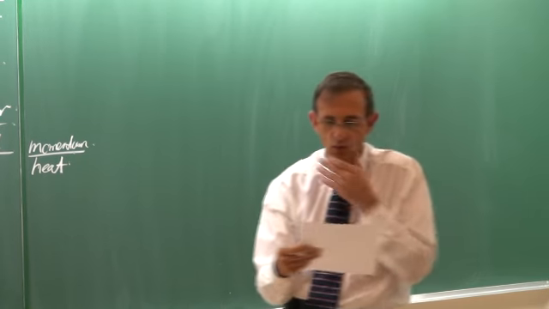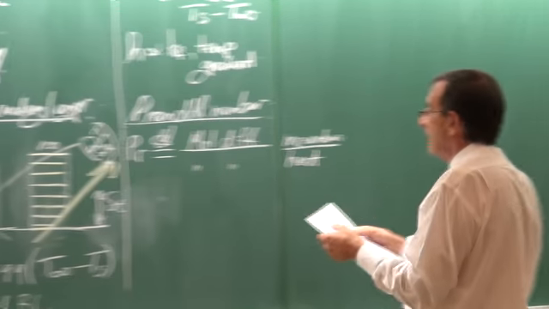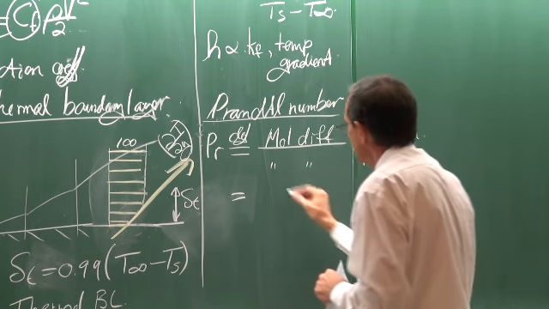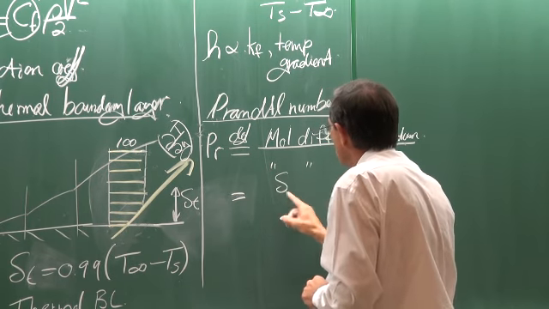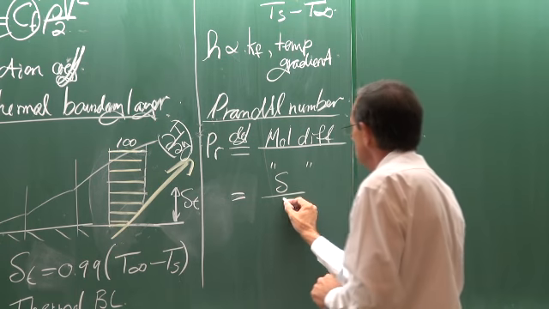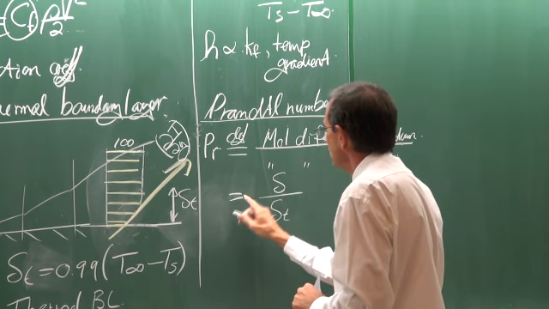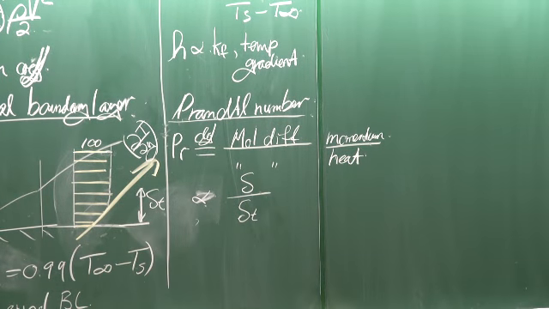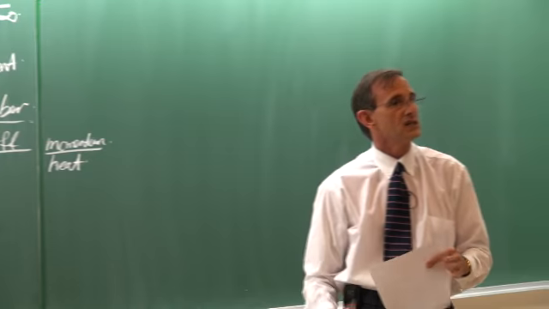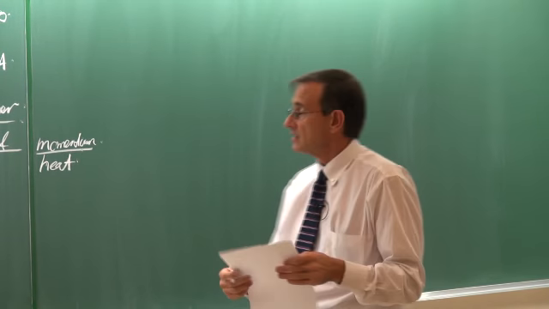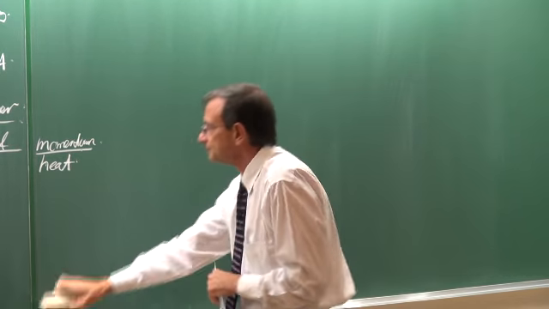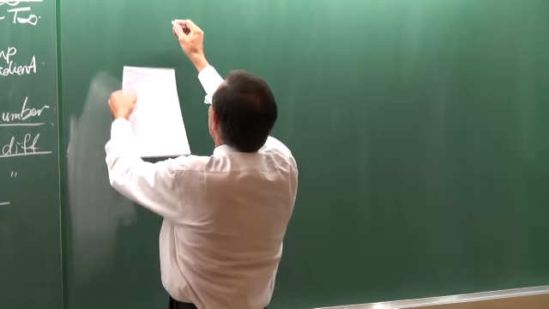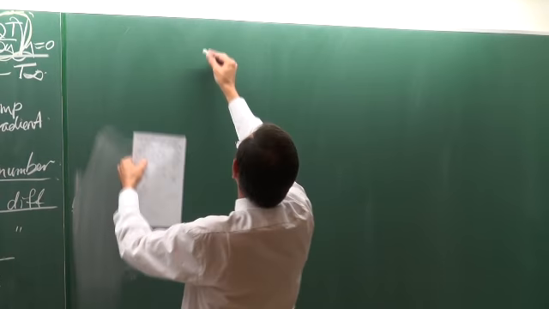What it actually says is that it has to do with the boundary layer thickness divided by the thermal boundary layer thickness. That is what it means in essence. The ratio of the two is the Prandtl number. Very important number. Let's consider three possible scenarios.